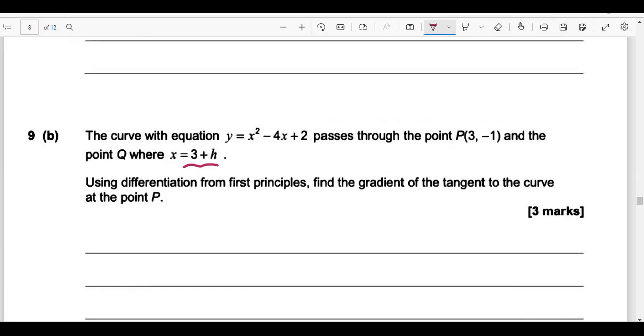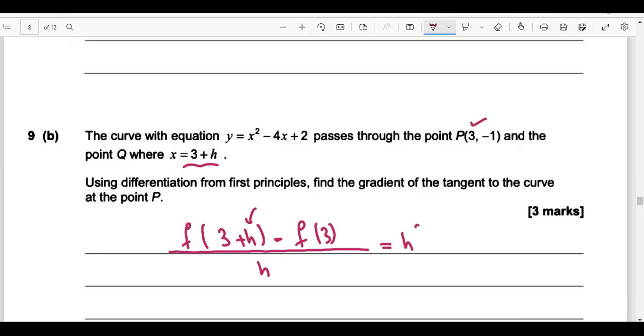For such types of questions, we do it this way: f of 3 plus h minus f of 3, that is this point, divided by this difference, that is h. Let's plug in the values. We already got an expression for f of 3 plus h.